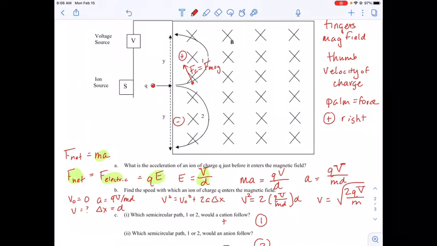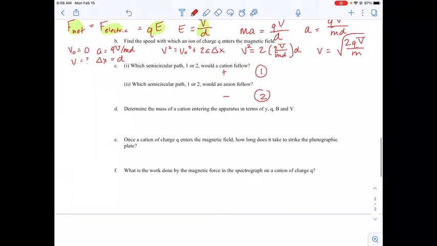So I'm going to set up an equation setting magnetic force equal to Fc. So mv squared over r is going to equal qvB, where v is velocity in this equation.